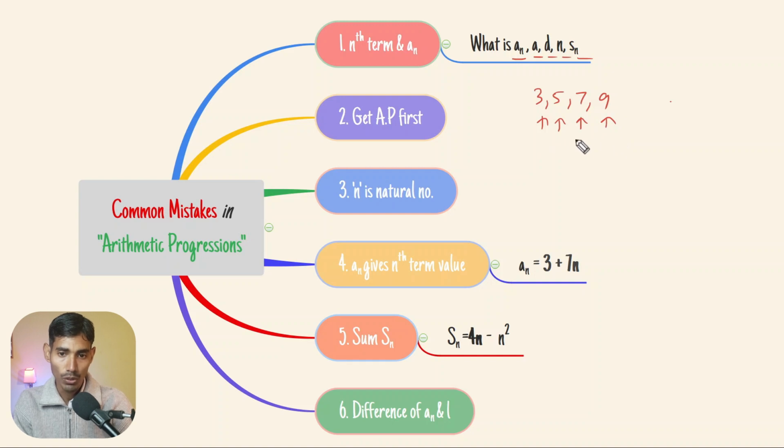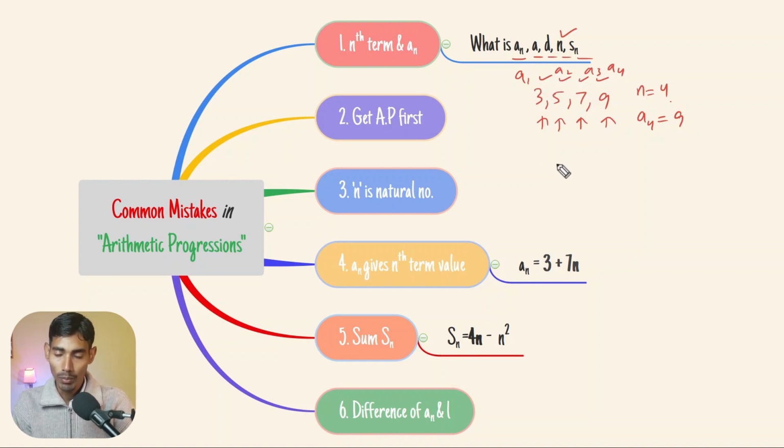So 1, 2, 3, 4 is the n value, and all of these individual values are A1, A2, A3, A4. Now A4 is 9, but n is 4. Hopefully you know the difference by now.